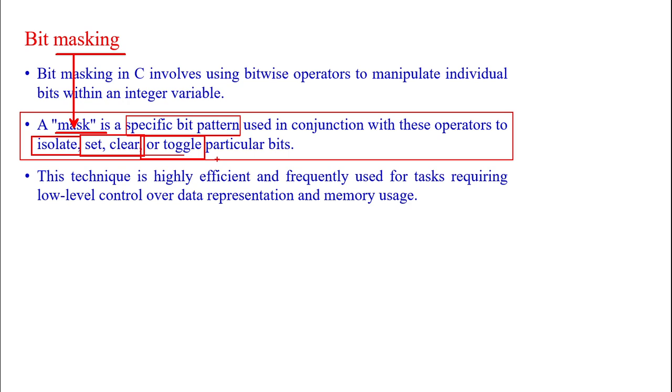So what do you mean by bit masking? Bit masking is nothing but, in order to set a particular bit, clear specific bits, or toggle specific bits, we use some bit pattern, and that is called bit masking. I hope you got an idea of the definition of bit masking.